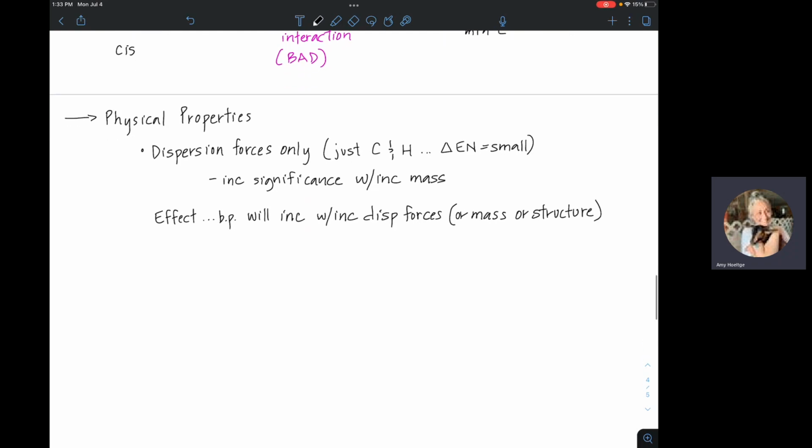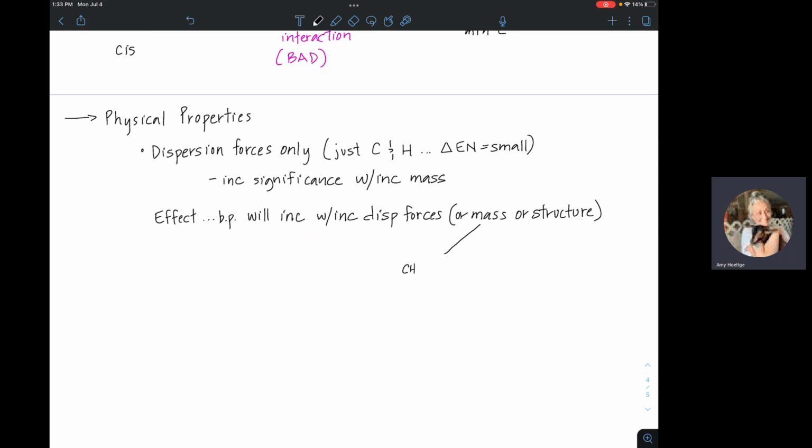For example, I could have 2 or 3 different constitutional isomers that all have different boiling points because the significance of the dispersion forces is going to be different as we make it easier or harder for the electrons in the species to be polarized. So you could take something like a change in mass. So let's pull this down here as an example.